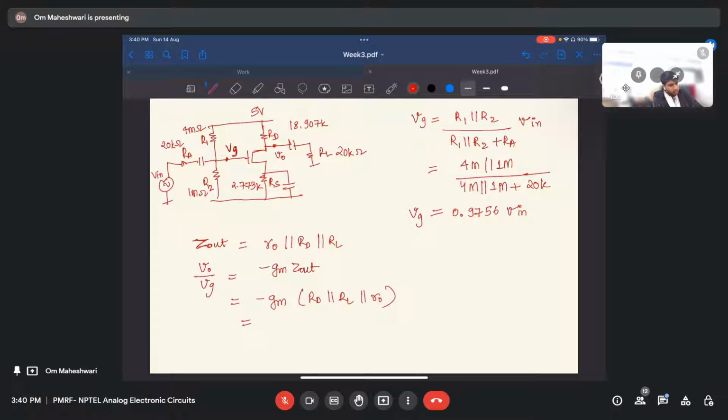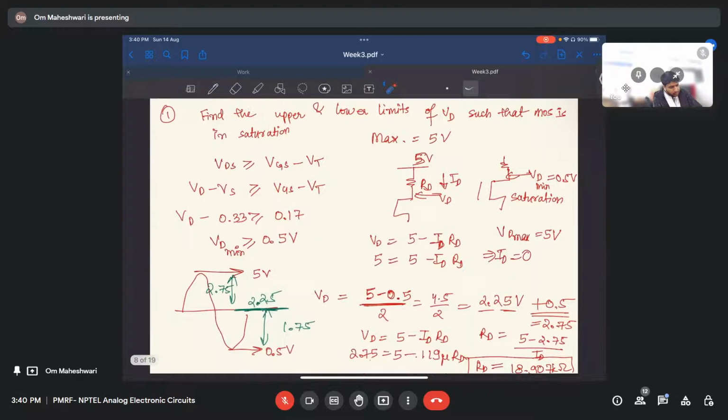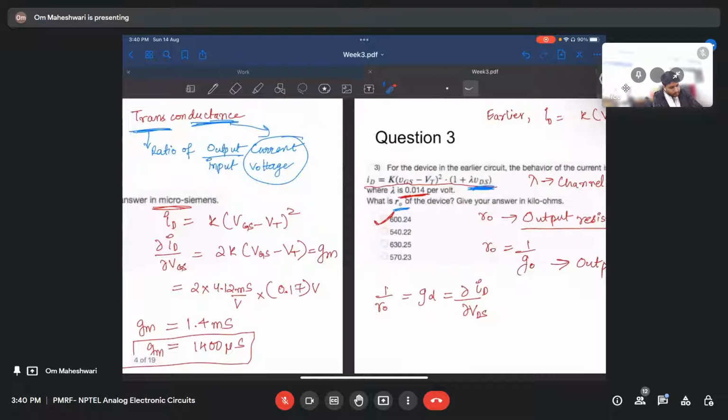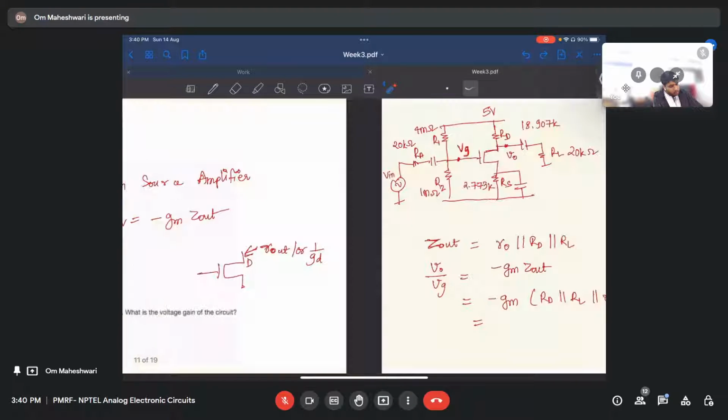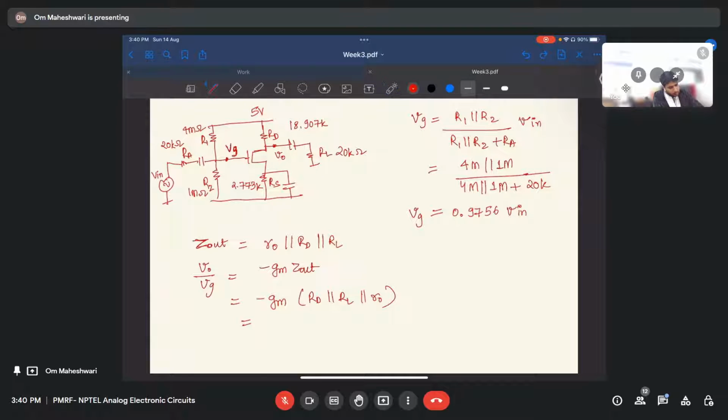GM we have calculated previously, 1.4 millisiemens. So minus 1.4 millisiemens, RD is 18.907 K parallel with RL 20 K parallel with RO.